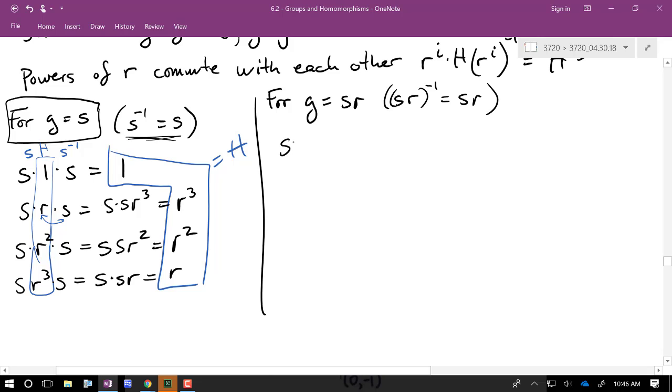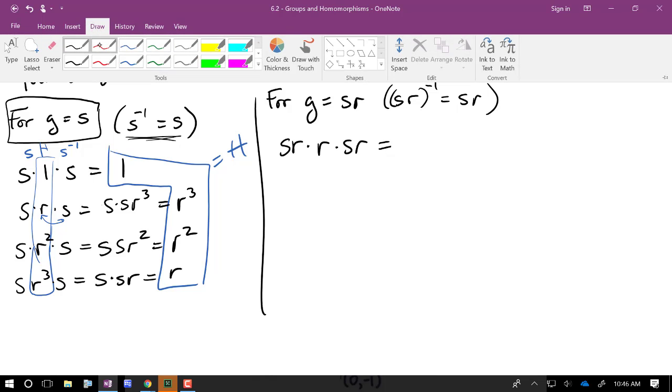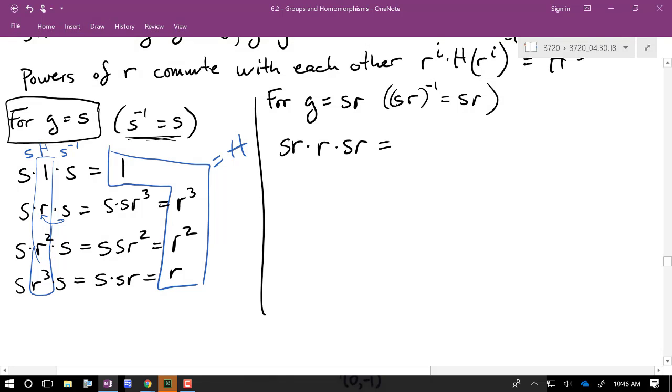So if I do SR times R times SR, if we compute this composition, then we get, let's see, I'll flip those guys.